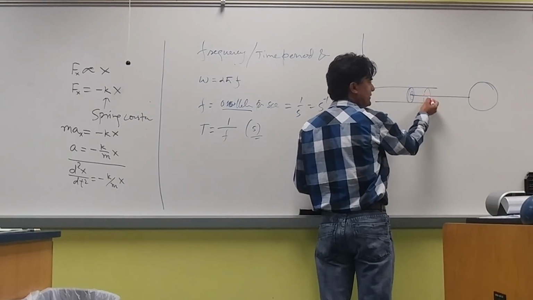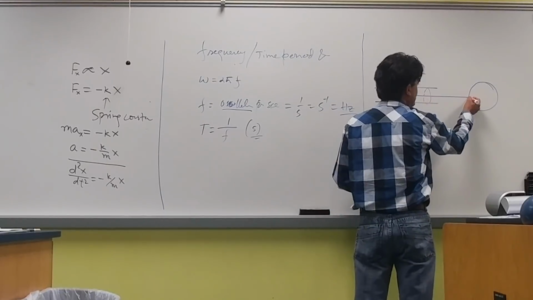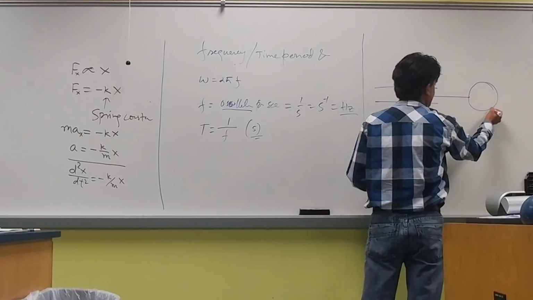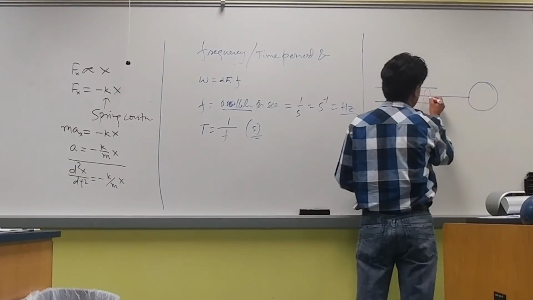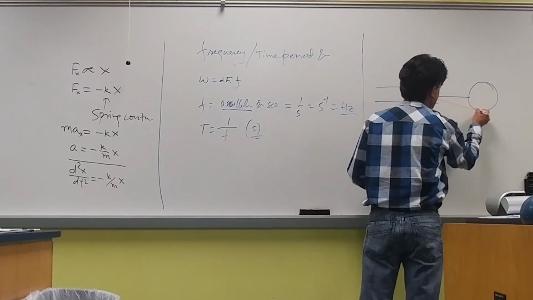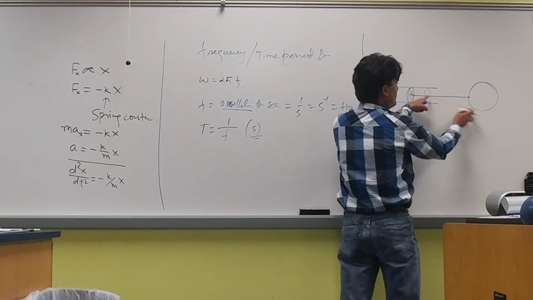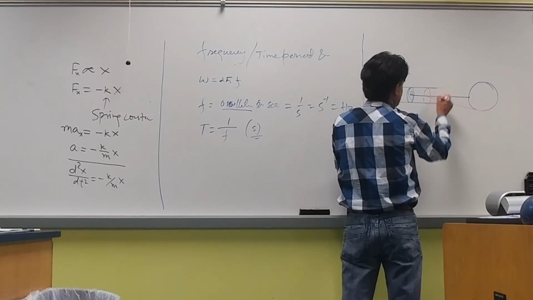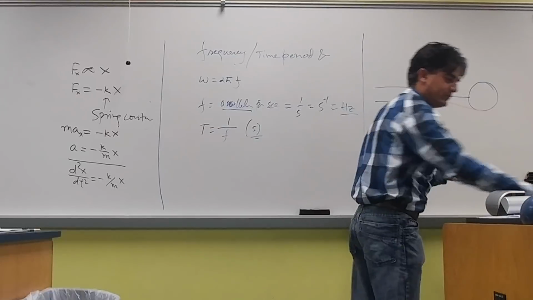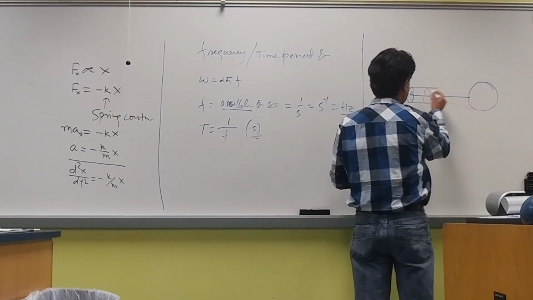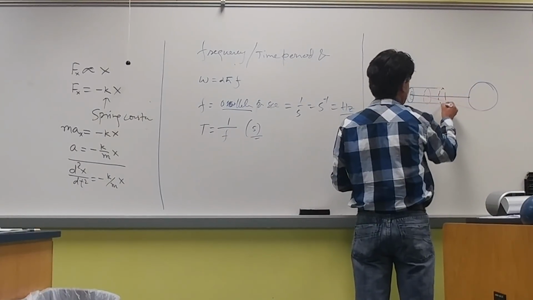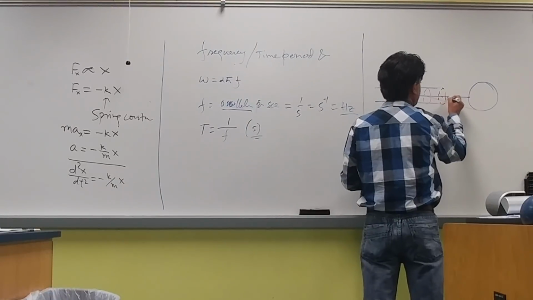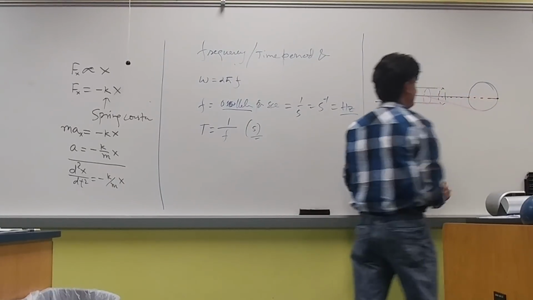If the piston moves here, the rod goes somewhere here. And when the piston is here, let me use black. If the piston moves up to here, then the rod goes up to here.